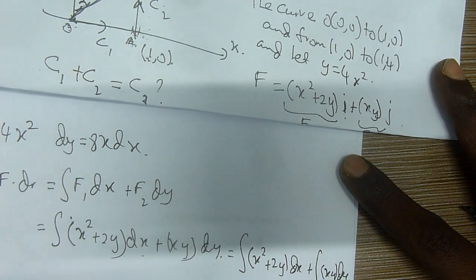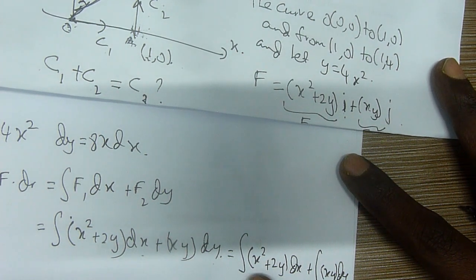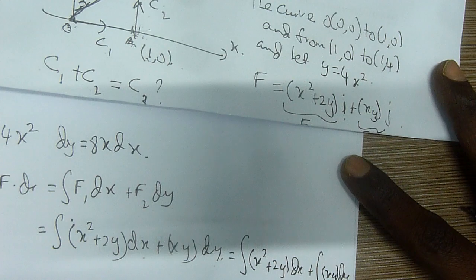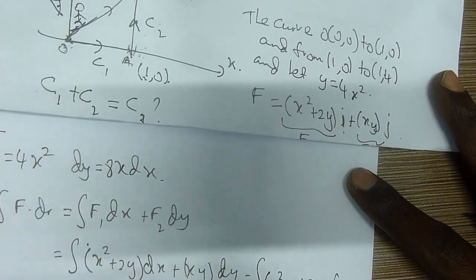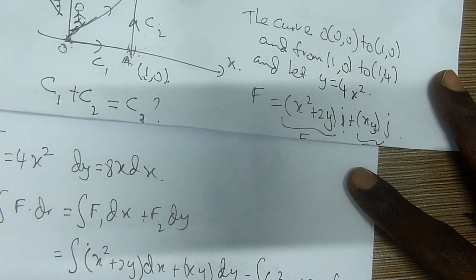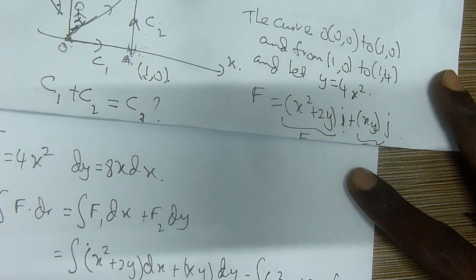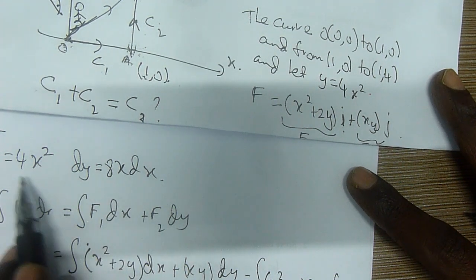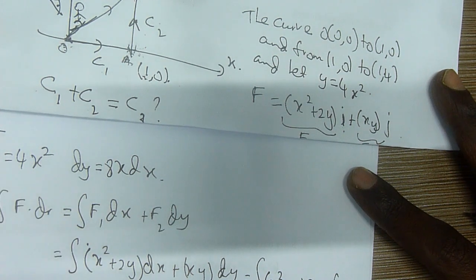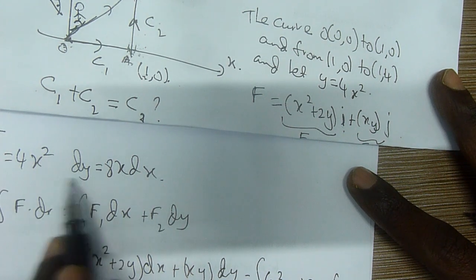This is the property of integration. You can split this into two. Now you can focus on the dx and dy base. Let's say you prefer to use dy, it's up to you. But my preference is to convert all the y to dx base.